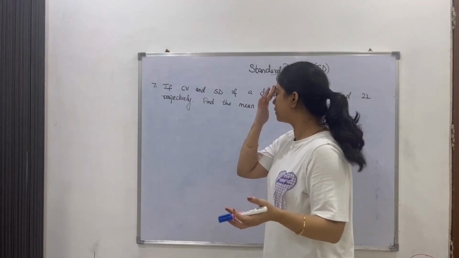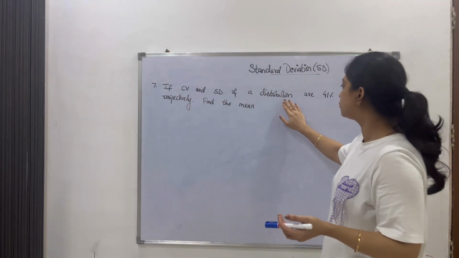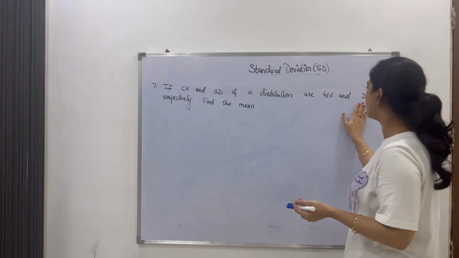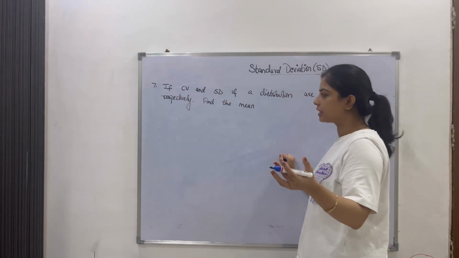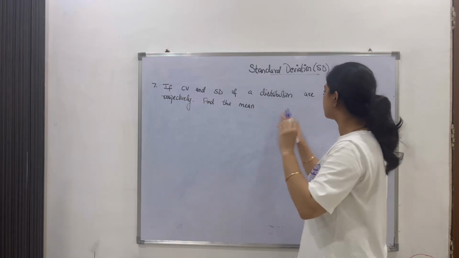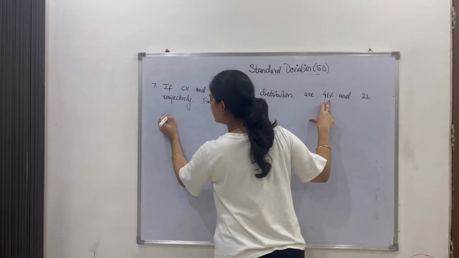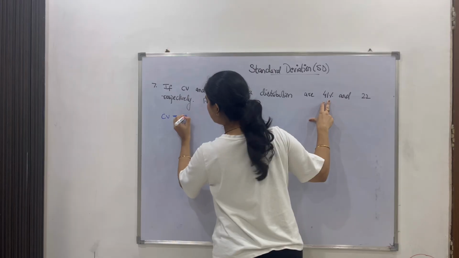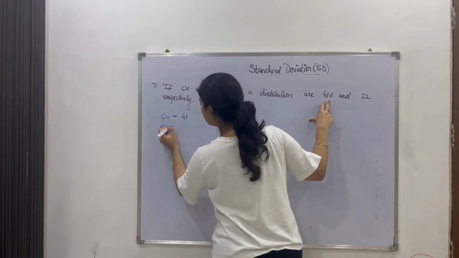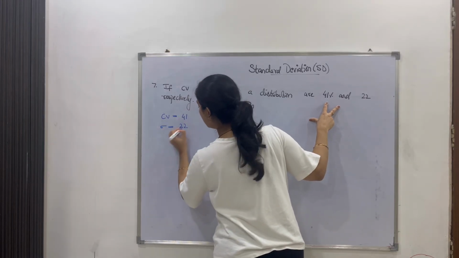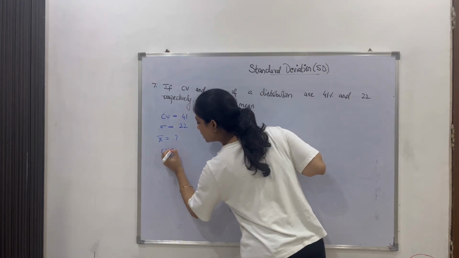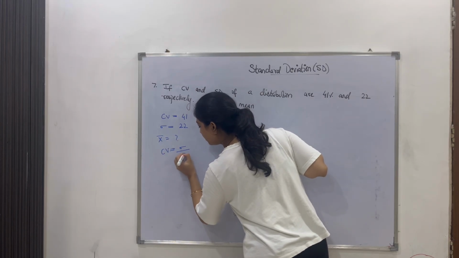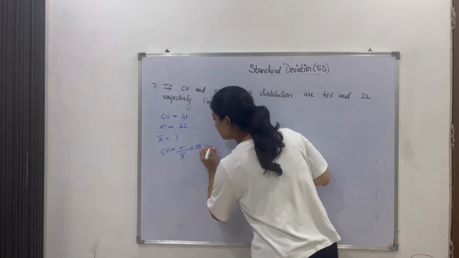Let's see the next question. If CV and standard deviation of a distribution are 41% and 22 respectively, find the mean. So in this case, these two things are given and they are asking us to find the mean. So first we'll write out whatever is given. CV is equal to 41. Standard deviation or sigma is equal to 22 and mean is to be found. So formula for CV is again standard deviation by mean into 100.